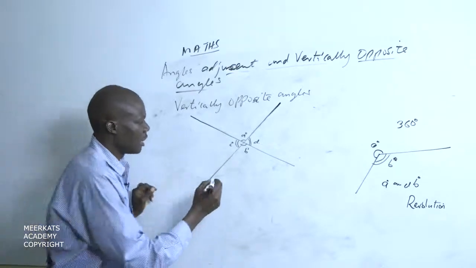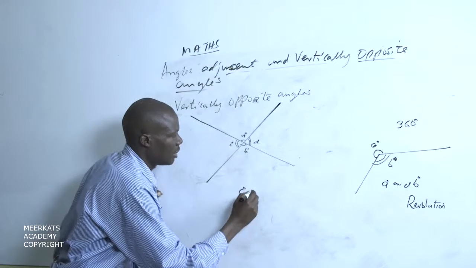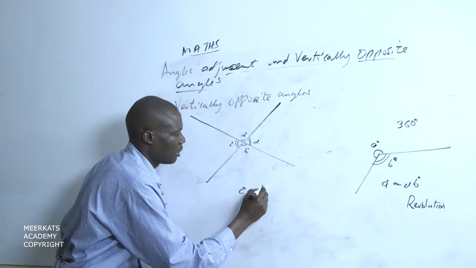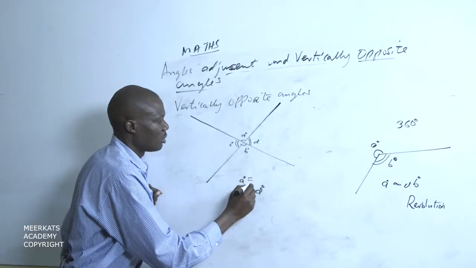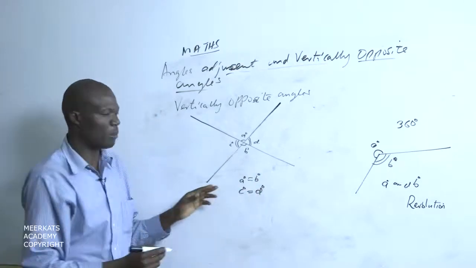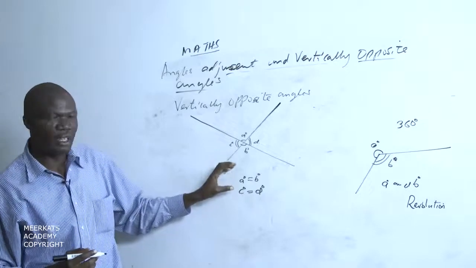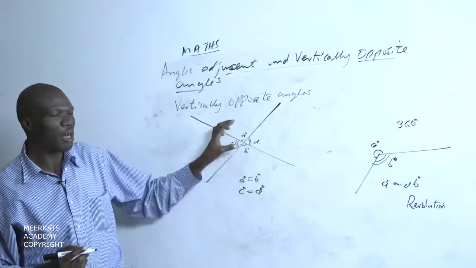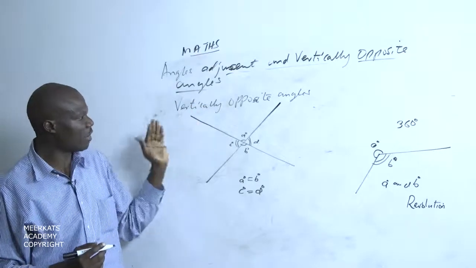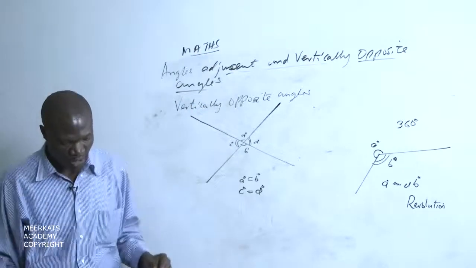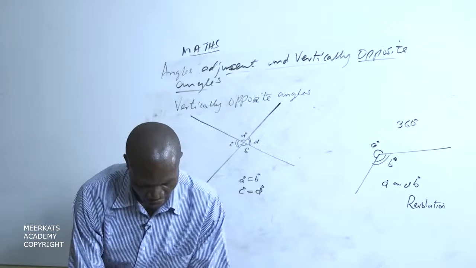You will notice that angle C is equal to angle D, just the way angle A is equal to angle B. The reason is that these are angles formed by two lines intersecting, so they form angles that are vertically opposite each other, and those angles are equal.